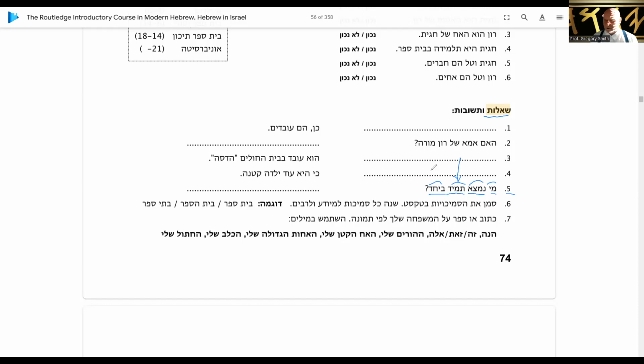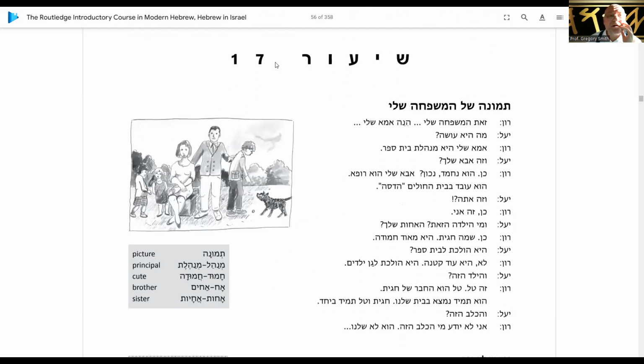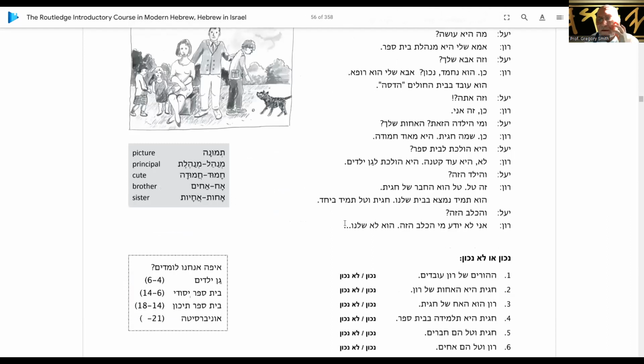Okay, so remember in the story, it's these two kids right here, Hagit and this boy here, who, as we find out in the story, is not really part of the family, but he's a friend and he lives with them.